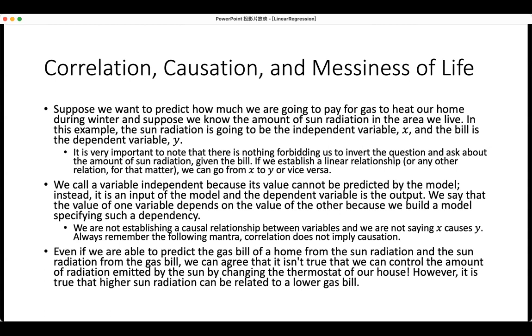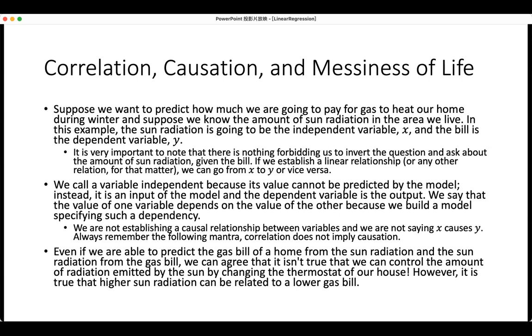We understand and can explain this correlation. But it is important to know that we cannot simply reverse the question. What do I mean?